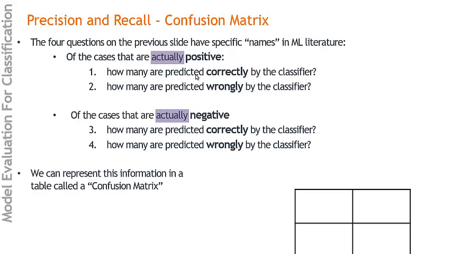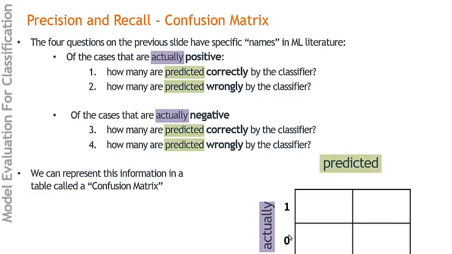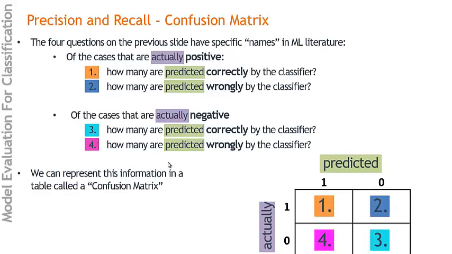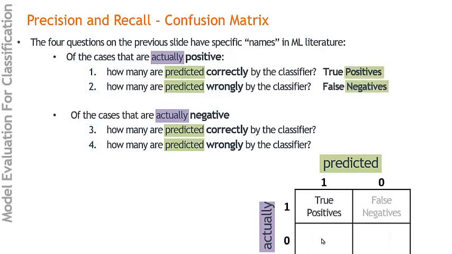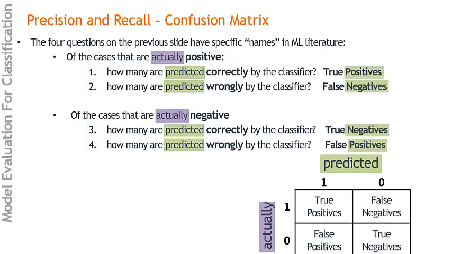The actual positive and actual negative correspond to the different rows of the table, and the predicted positive, predicted negative correspond to the different columns. Right? So we have the 4 different alternatives correspond to the 4 different boxes here. 1 and 3 are correct identifications. 2 and 4 are incorrect identifications. And we have that terminology I already introduced before. True positive, true negative, false negative, false positive. All right?